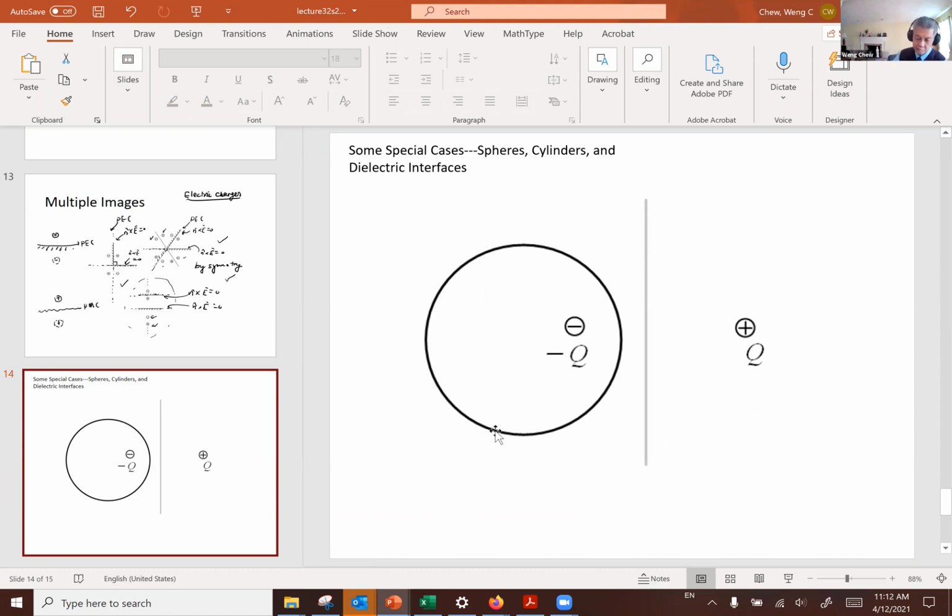Okay, so if you put the positive charge here and a negative charge here, and if you adjust the location of this negative charge properly, okay, the picture is not very well drawn, but it should be something that is actually symmetric. If you put this positive charge and the negative charge at the correct location, then you can actually work out a solution where n cross E equals 0.